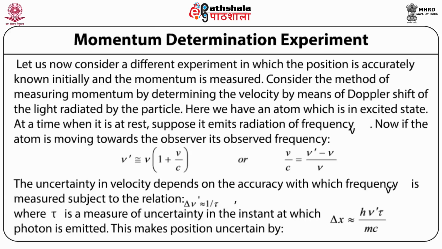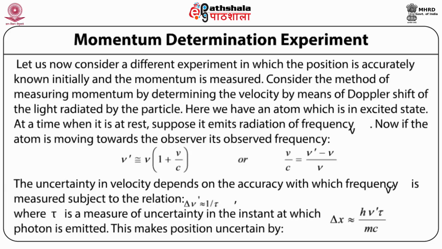So what will happen? If the atom is moving towards the observer, its observed frequency will change because of the Doppler shift, and that change in the observed frequency can be seen from the formula mu prime is equivalent to mu (1 + v/c), or v/c is equal to (mu prime minus mu) upon mu, where mu prime is the observed frequency of the atom and mu is the actual frequency of the emitted radiation.